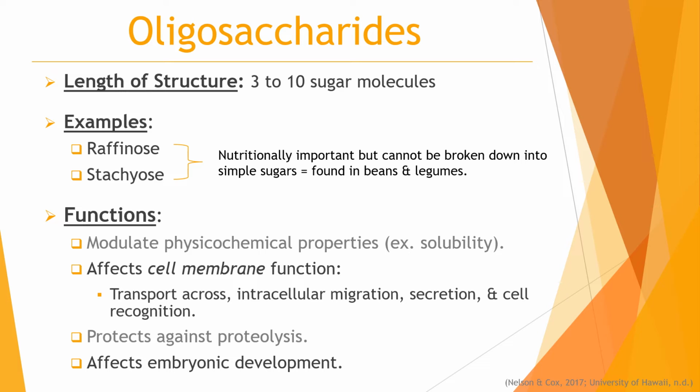Some of the various functions for these types of saccharides would include the modulation of physiochemical properties such as solubility. It also helps with cell membrane function, including transport across the membrane, intracellular migration, secretion, and cell recognition. It also helps protect against proteolysis and helps allow for the development of embryos.